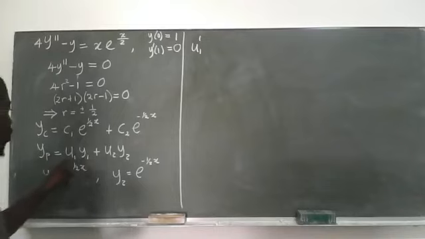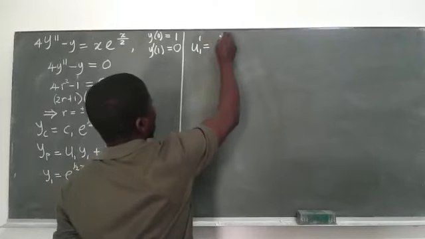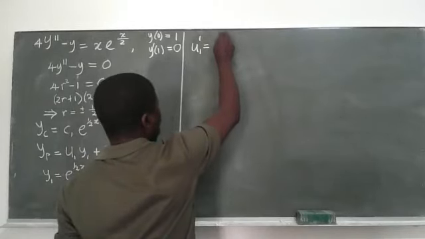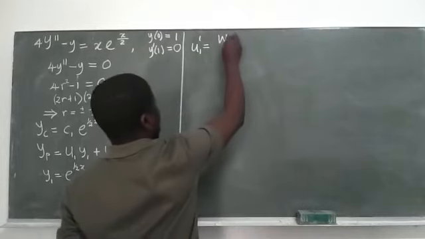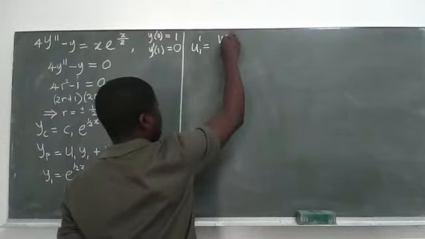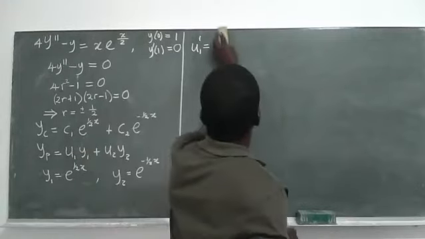So the derivative of the function u1 is equal to some Wronskian 1. I don't want to confuse people.